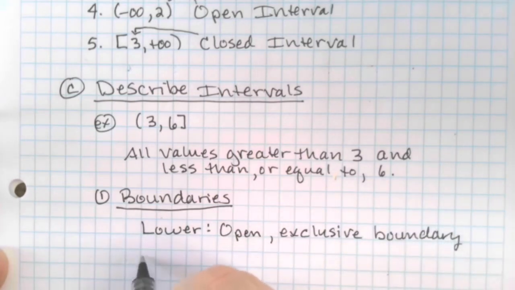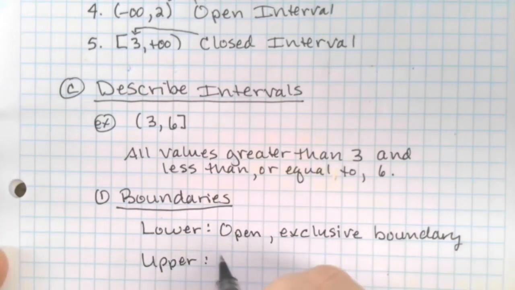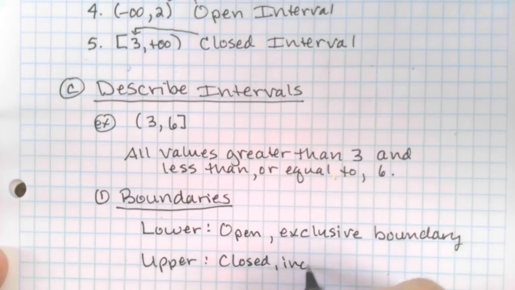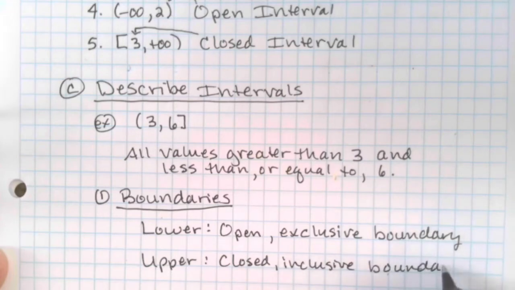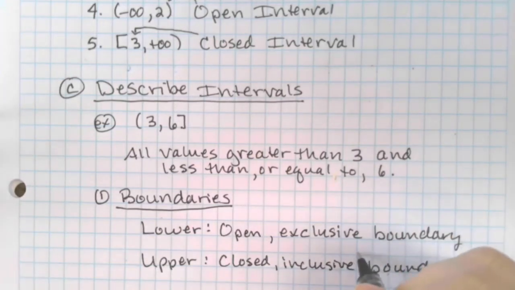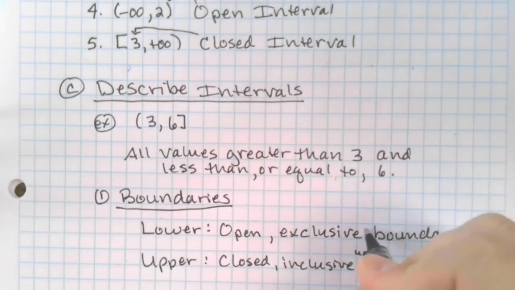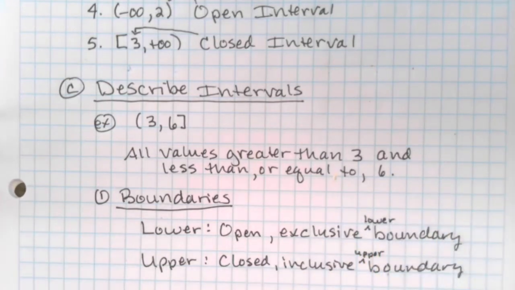The upper boundary in our example is the 6. This is a closed or inclusive boundary. You could put the word upper in here or lower in here, depending on how the question is phrased.